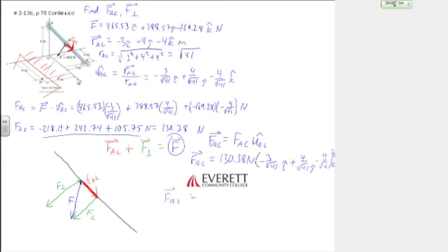I'm going to redraw this triangle. Well, isn't that perpendicular, so we can just do a squared plus b squared equals c squared? Very nice. This is the Pythagorean theorem, right? So we have FAC, we have F perpendicular here, and we have F here. If we know that this one is 130.38 newtons, we know that this one is 600 newtons.